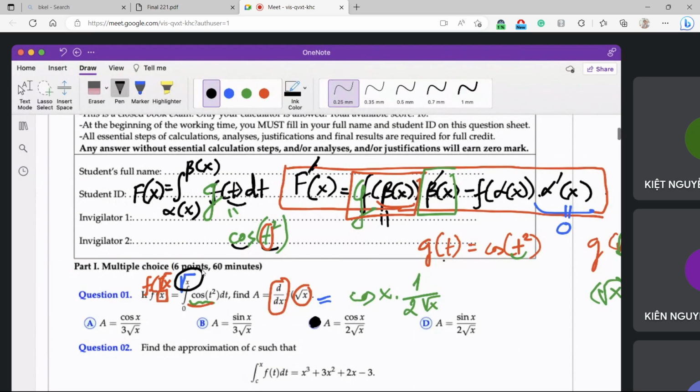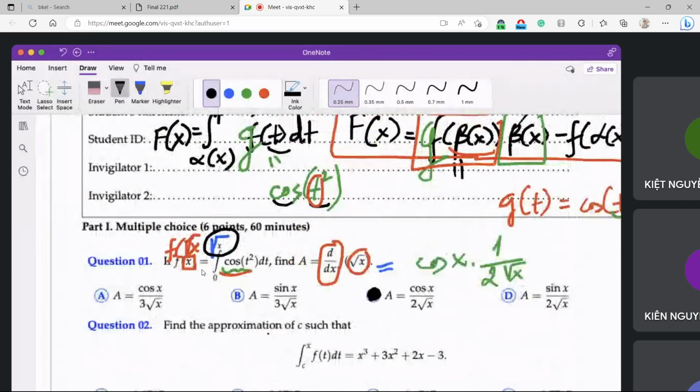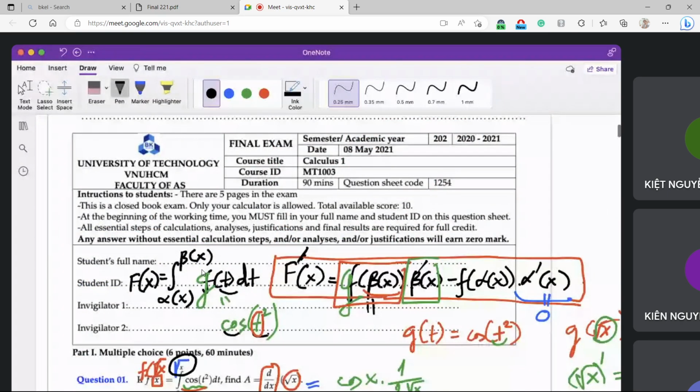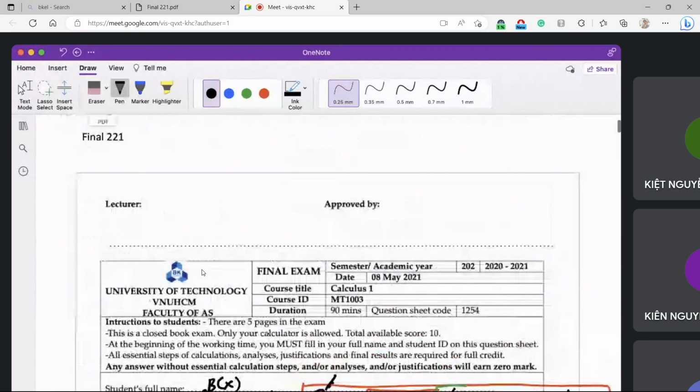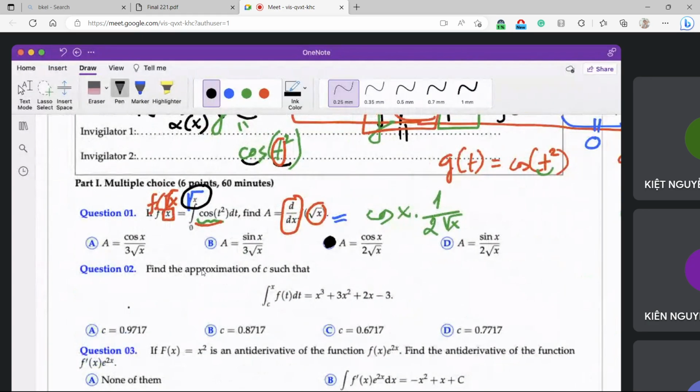Oh, it's strange. Oh, please wait. The problem 2 here, why we don't have the function f? Strange. So class, please wait. Please skip the question 2 because here we don't know what is f of t.